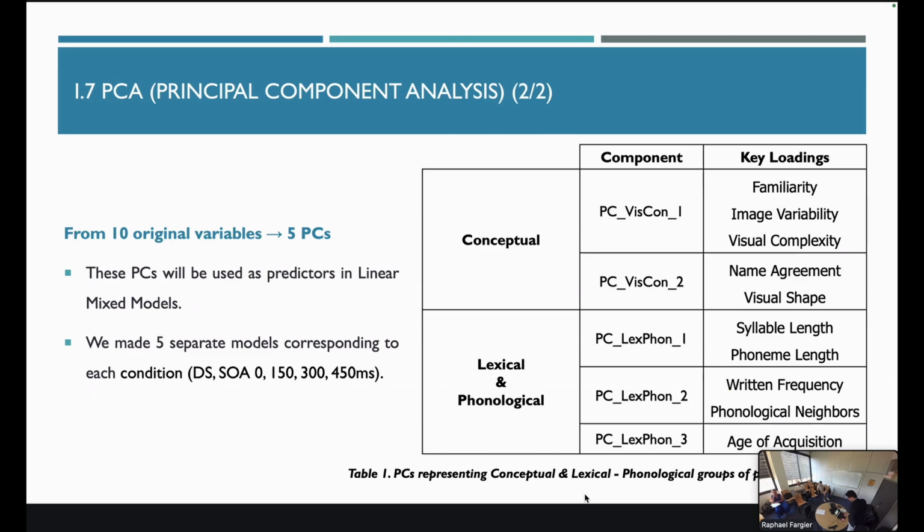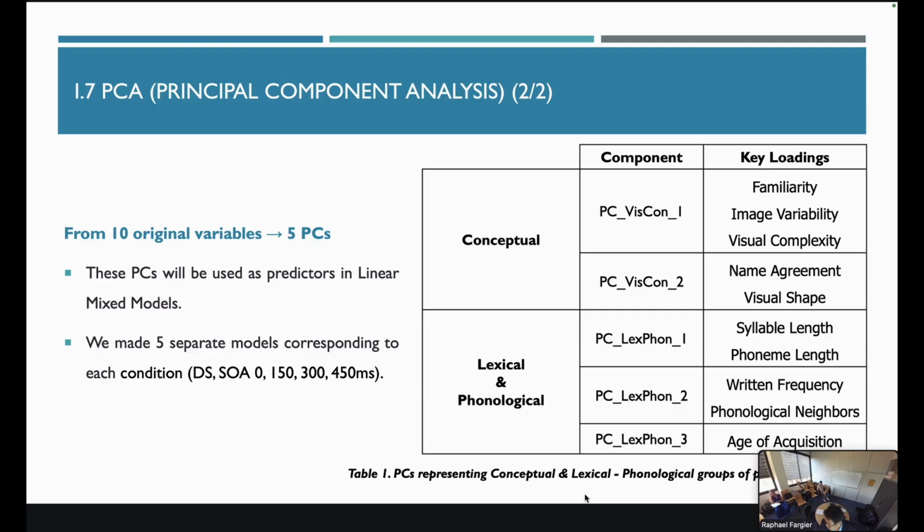So, using the PCA, from the 10 original variables that I showed you before, we reduced down to the 5 PCs, as you can see on the screen. And these PCs are contributed mostly by key loadings. For example, PC Viscon 1 is contributed mostly by familiarity, image variability, and visual complexity.